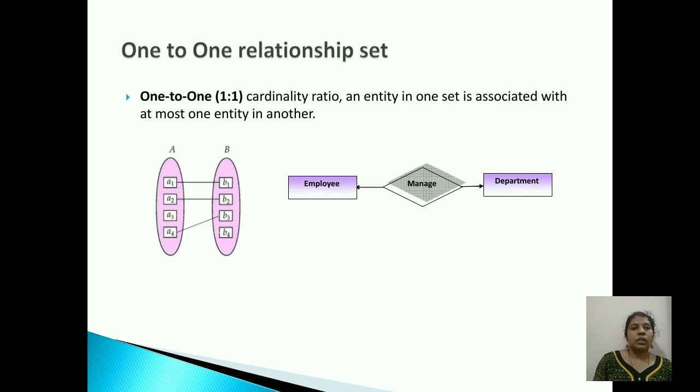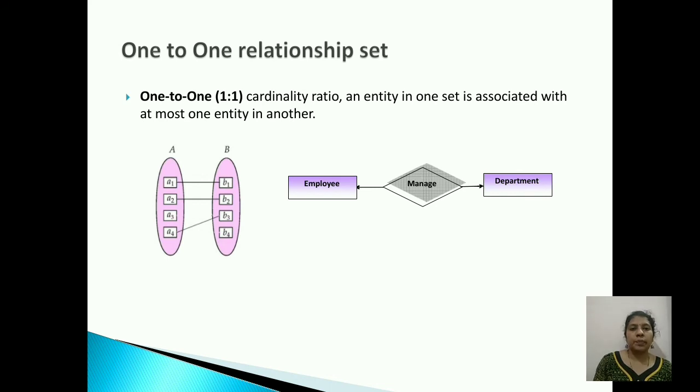In one-to-one, an entity in one set is associated with at most one entity in another set. You can see A and B are two different entity sets or entity types, and A has the entities A1, A2, A3, A4, and B has B1, B2, B3, B4.